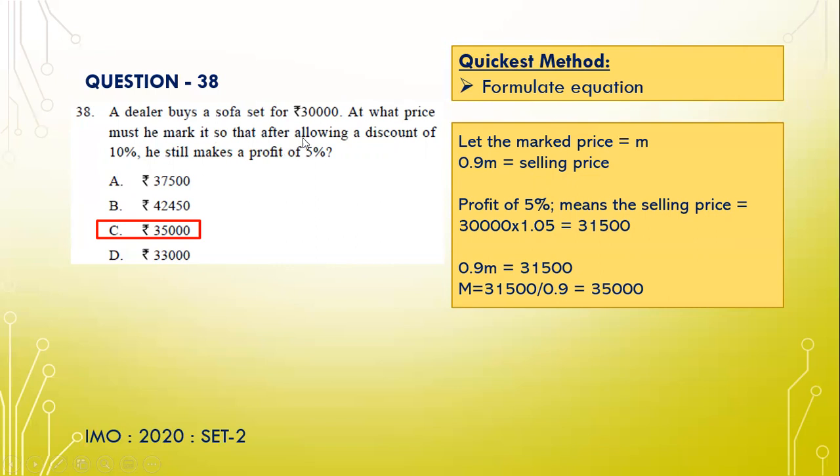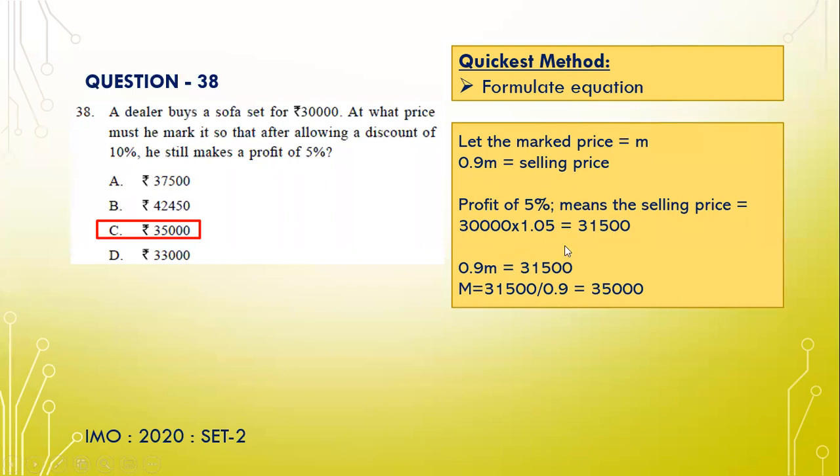And even after selling, he should make a profit of 5%. So to make a profit of 5% over 30,000, what should be the selling price? 30,000 into 1.05 will be 31,500. So this should be the selling price.